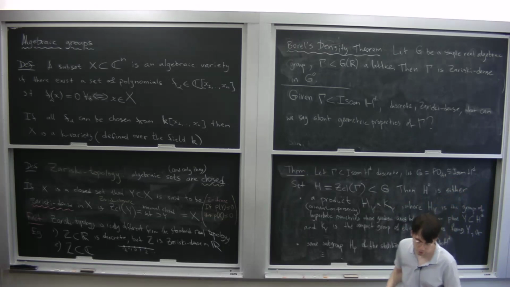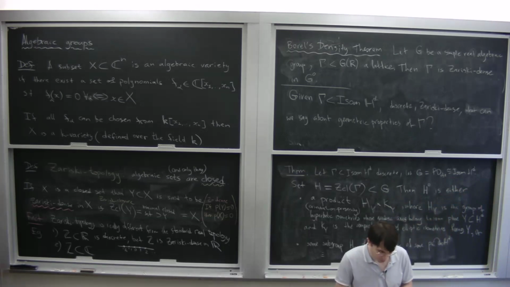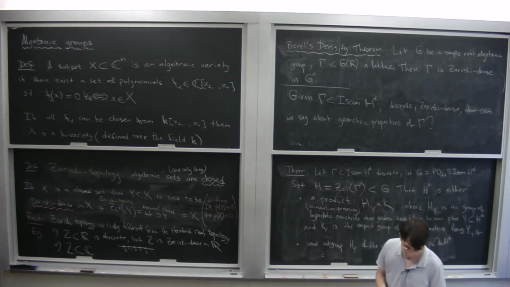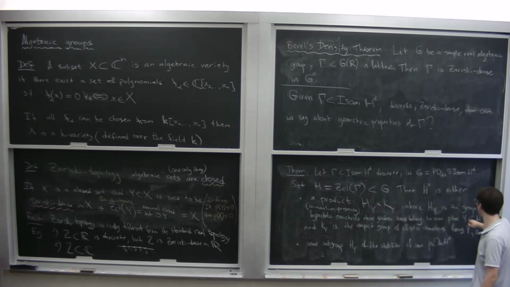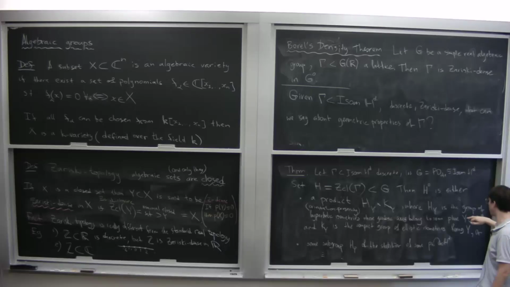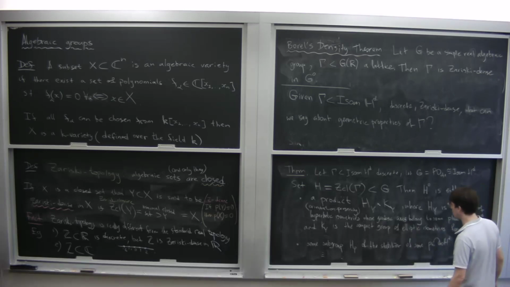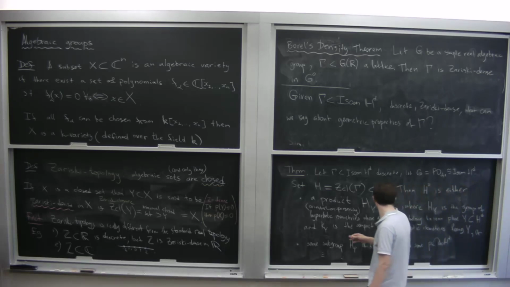So the Zariski closure is going to be, and in fact Y is not necessarily a proper plane, so the dimension of Y here is between 0 and D, and the inequalities are not strict.